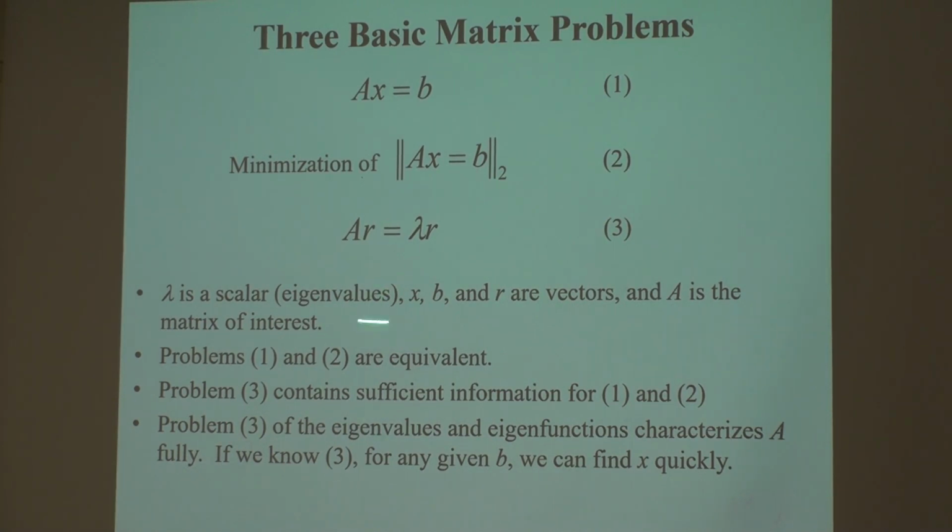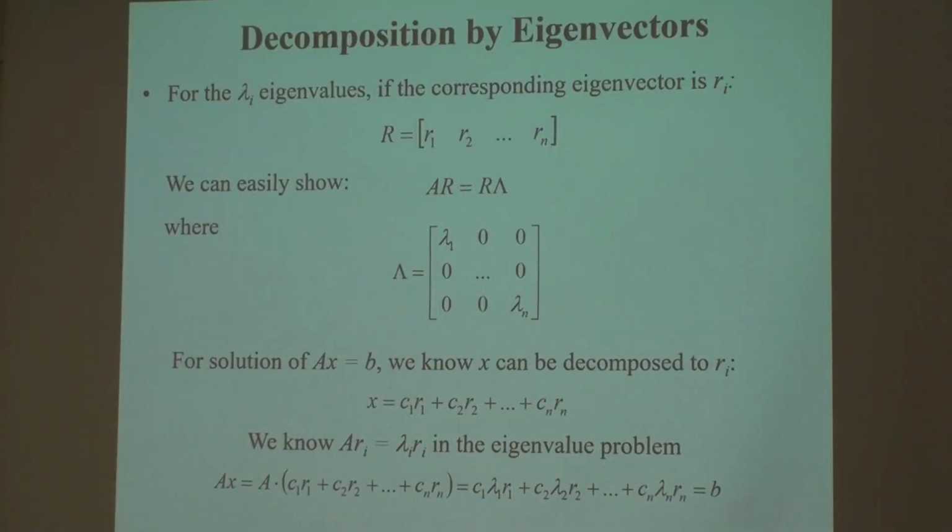So these statements 1 and 2 are equivalent. 3 contains sufficient information for 1 and 2. If you know 3, then everything is solved. A very simple proof will be the last slide today. If I know all the eigenvalues and eigenvectors, you can easily show that this eigenvector matrix has this relation with this diagonal matrix of your eigenvalues.